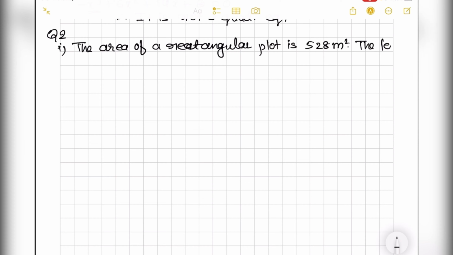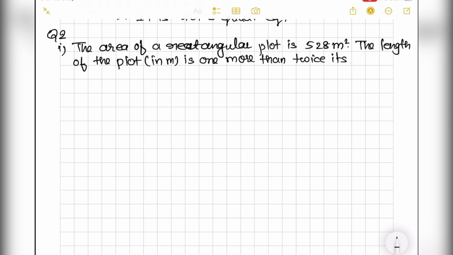The length of the plot in meter is 1 more than twice its breadth.